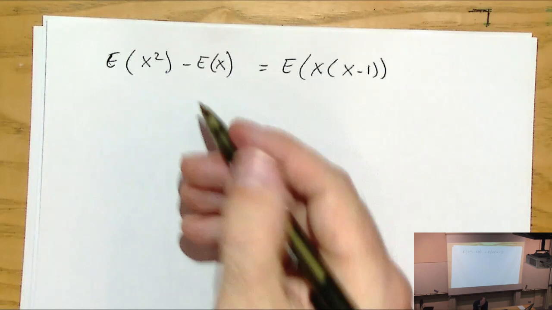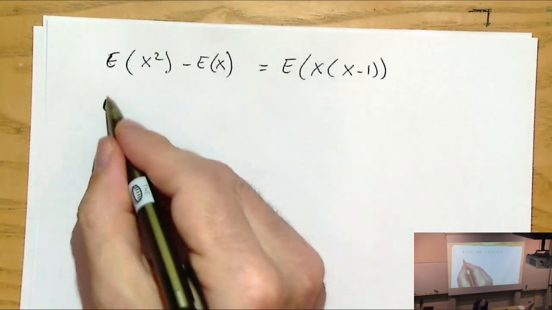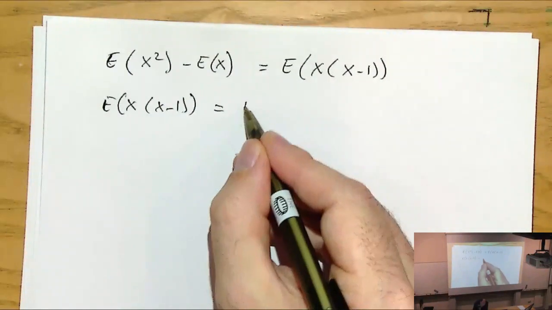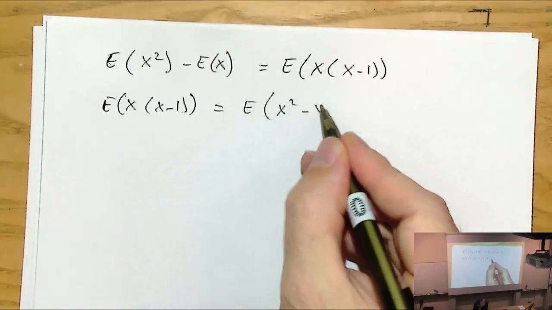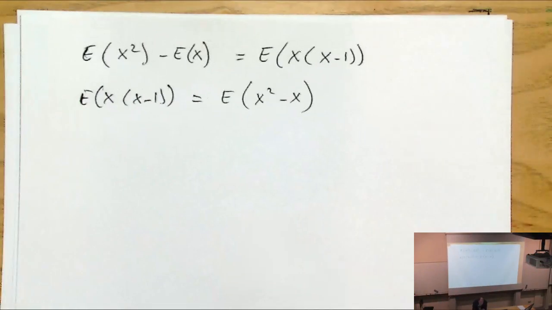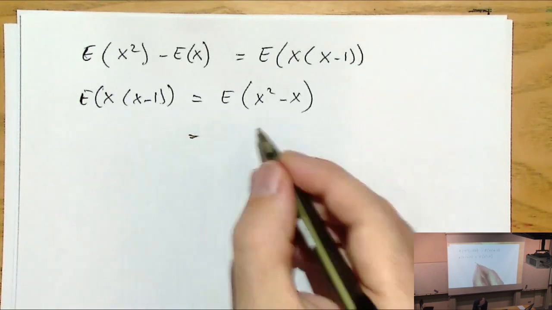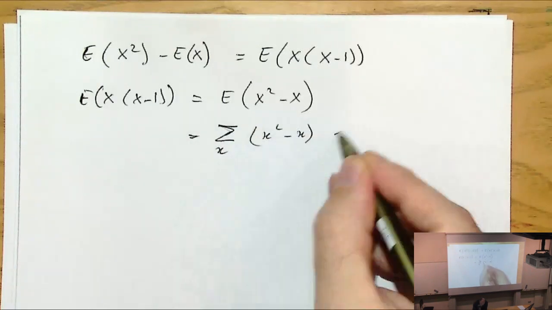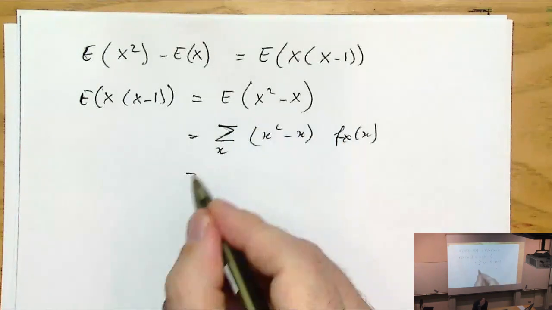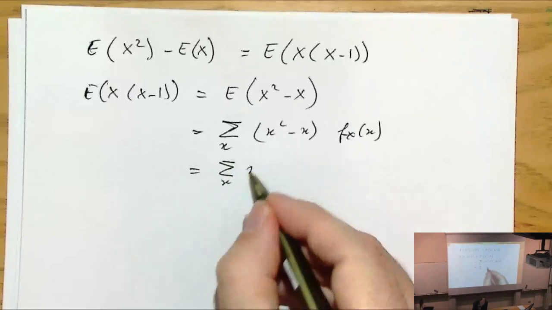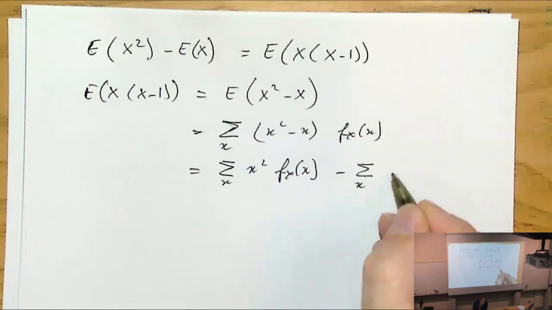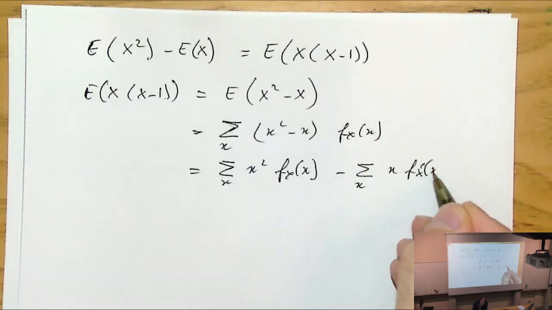So if I have expectation of x multiplied by x minus 1, this is expectation of x squared minus expectation of x. So far, nothing special. This is a sum over all x of x squared minus x multiplied by f_X of x. So this is the sum over x of x squared f_X of x minus the sum over x of x f_X of x.